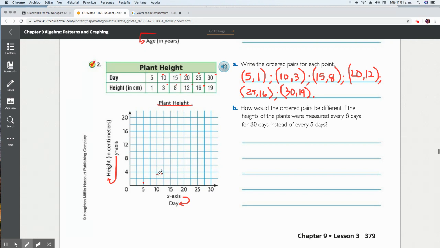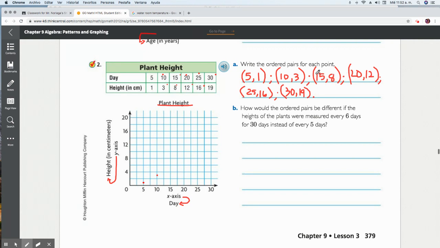Actually, let's put it in the middle of the lines, between the 2 and the 4. Right there, 3. These are going up by 2, 4, 6, 8, 10, 12, 14, 16, 18, 20, and these are moving by 5s.